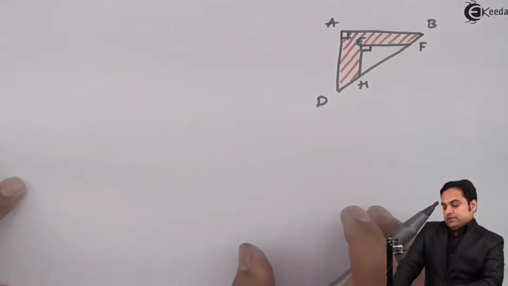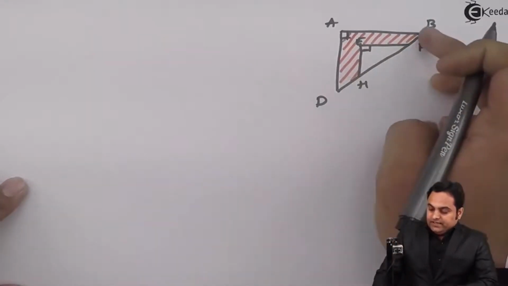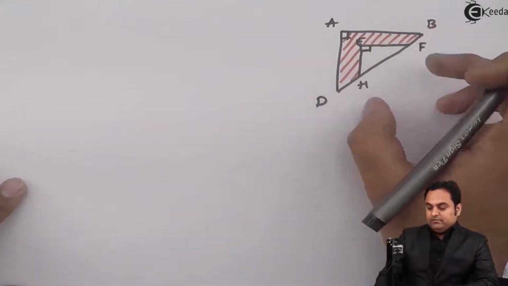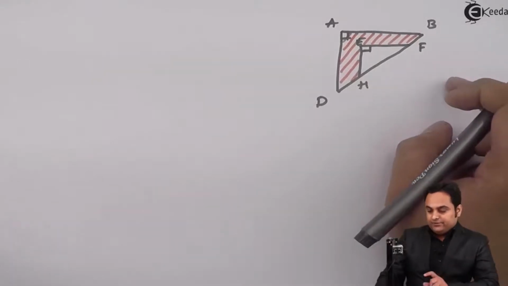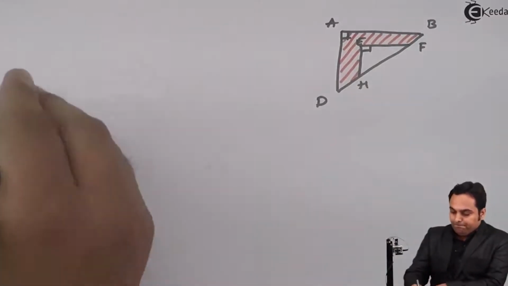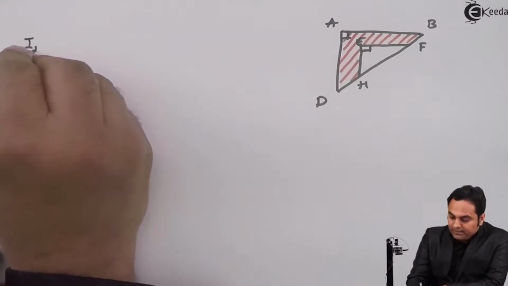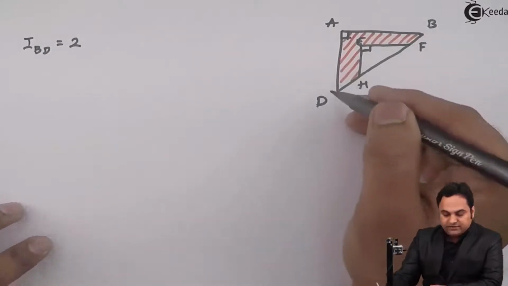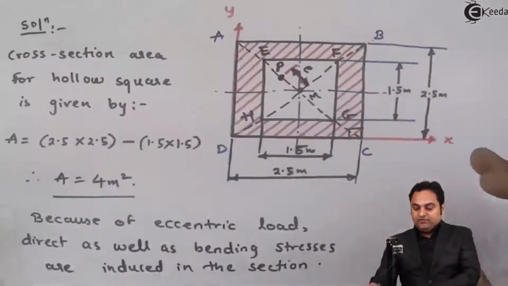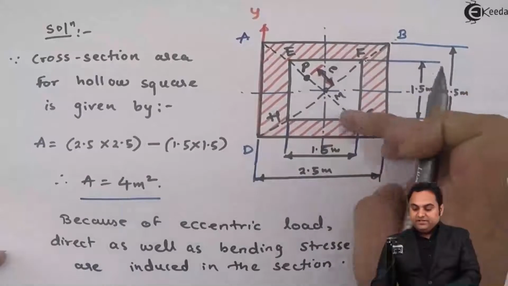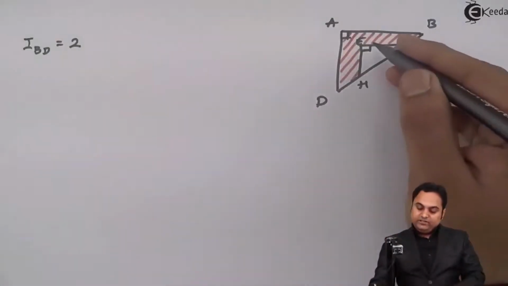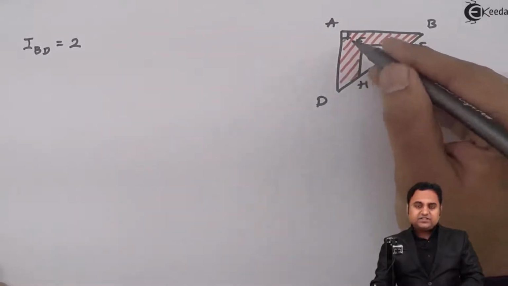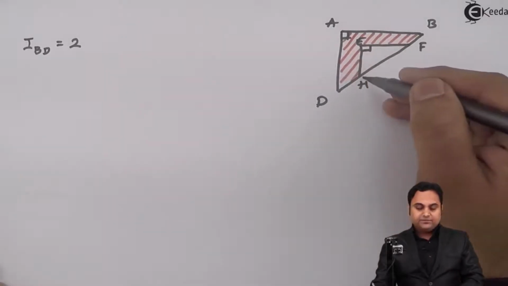Now, as it is clear that I will be calculating the moment of inertia for this first triangle and then multiplying it by 2, I'll get it for the other. So how the formula would be, IBD will be equal to, I am writing 2 here because we have another triangle at the other half of the section, which is BCD. So we have to find out the MI about BD for only this red section. There is no material in here.